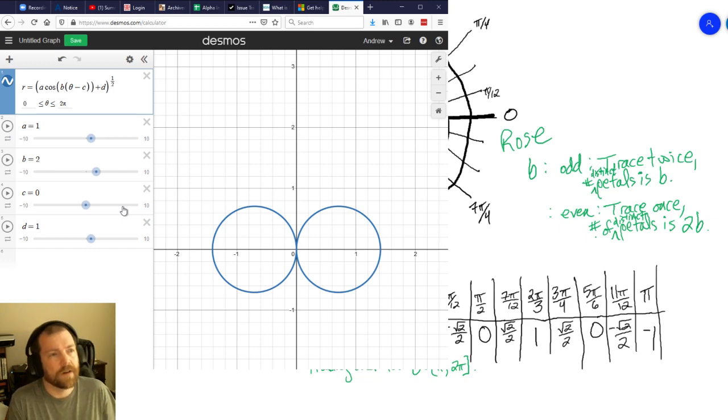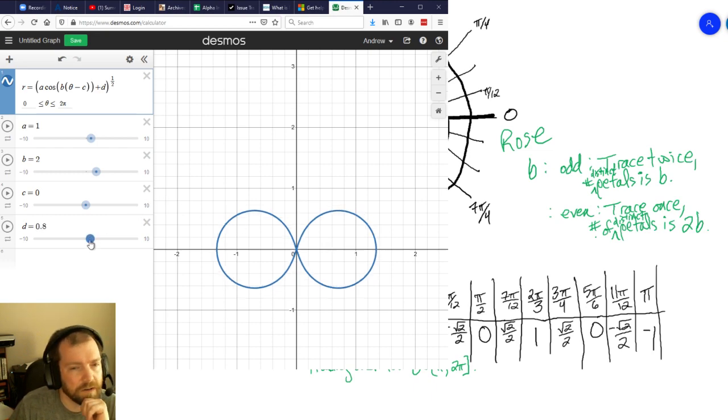So the square root of a times cosine of b times the quantity theta minus c, all plus d. Take the square root of all that stuff, and you end up getting the infinity symbol, which is called a lemniscate. So the lemniscate is this infinity shape. In this particular case, it is just kind of circles looking.